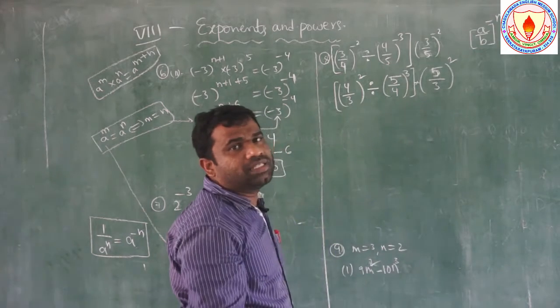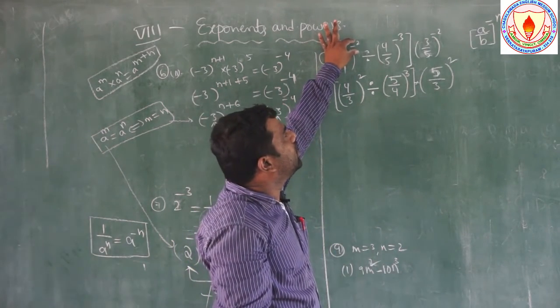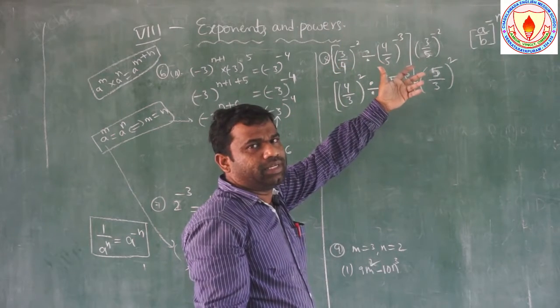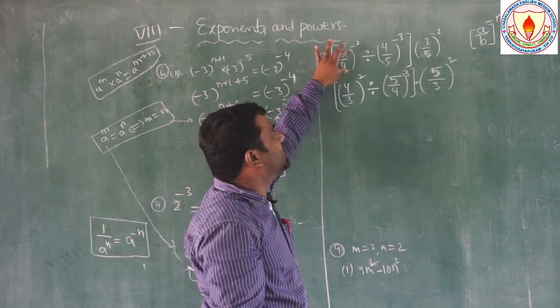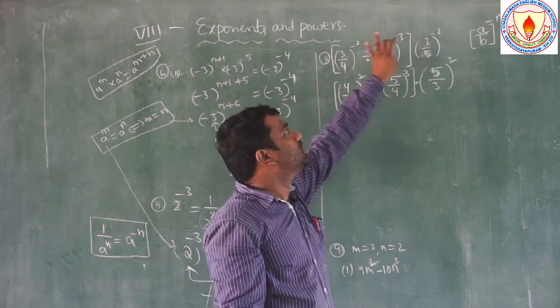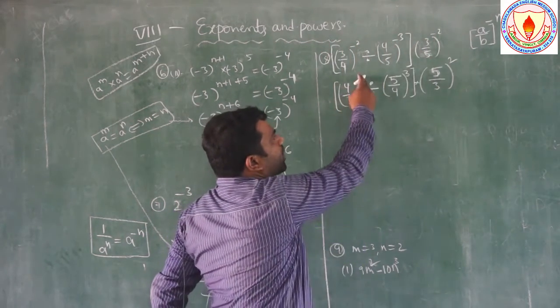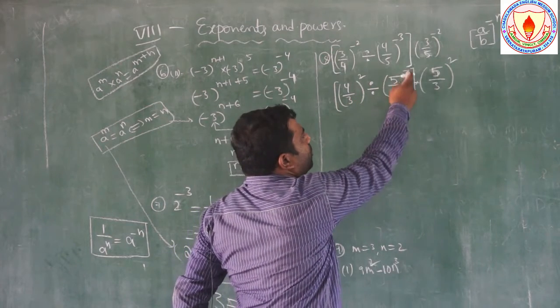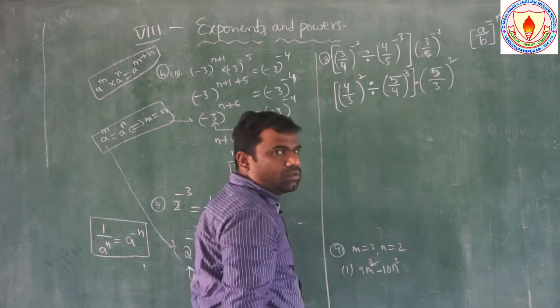Okay? I want to convert the power into a plus. Negative sense means we have to convert it to positive sense. So reciprocal the fractions. So 4 by 3 whole square, division 5 by 4 whole cube, next into 5 by 3 whole square.